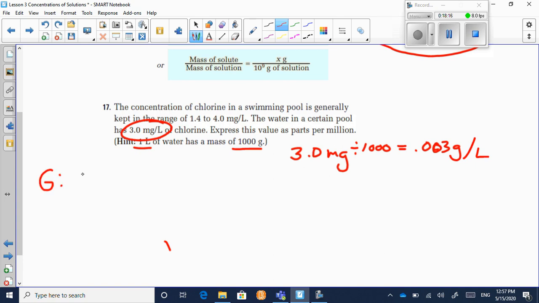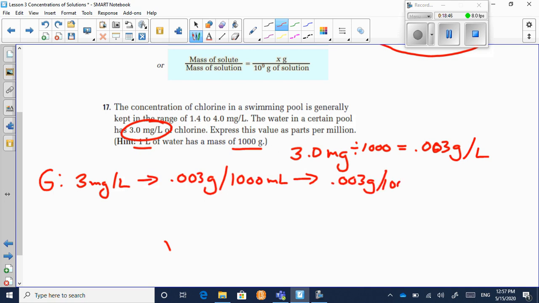We have been given that we've got this 3 milligrams per liter, which is technically 0.003 grams per 1,000 milliliters, or 0.003 grams per 1,000 grams. And that was just based on that last little hint there. Okay, what they're asking us for is the parts per million. And here's the formula I'm going to use.